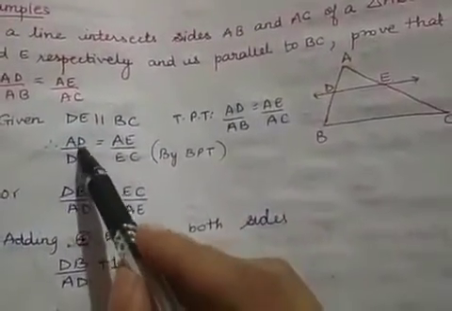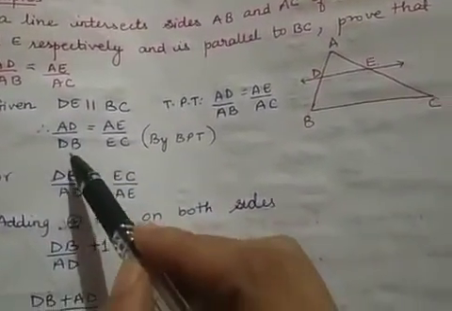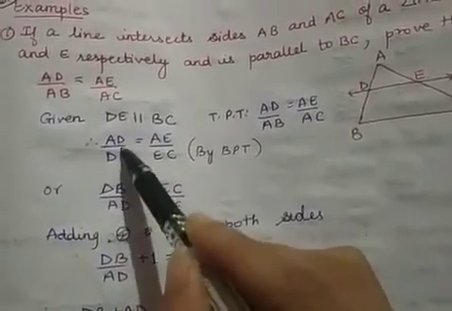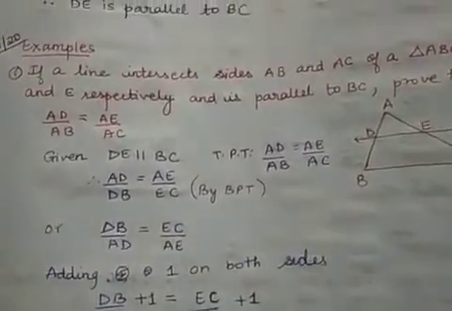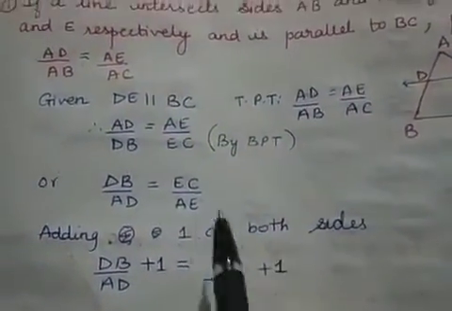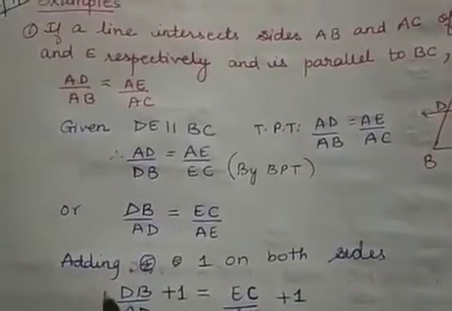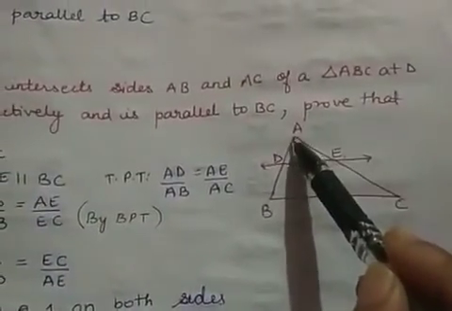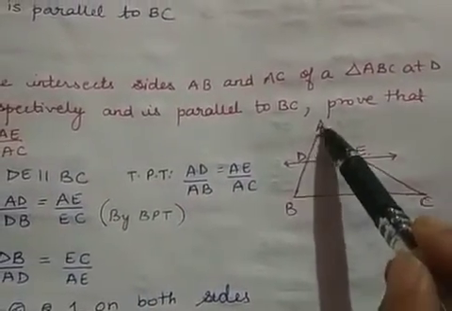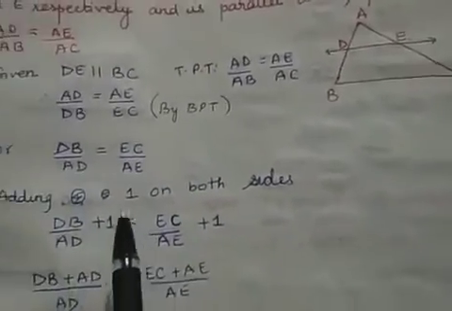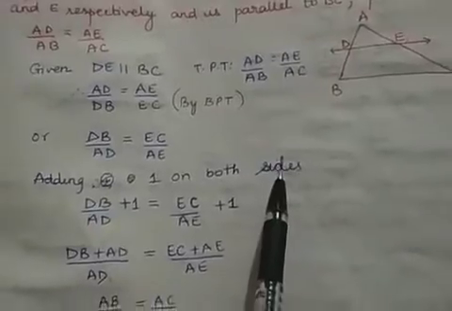Now instead of writing AD upon DB, if I take the reciprocal, I will get DB upon AD is equal to EC upon AE. I am taking the reciprocal. Now whenever you want to show AD upon AB, you are taking the smaller side and the bigger side. One trick is you add 1 on both the sides.